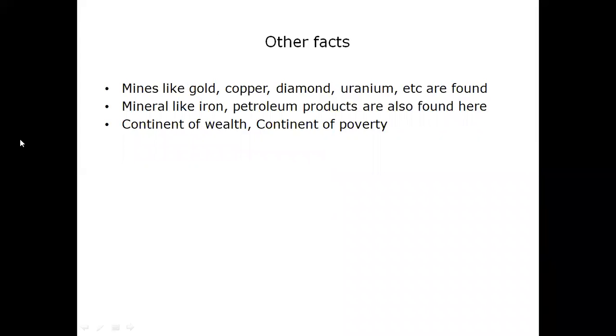Now, another fact that will, I guess, surprise you is that Africa holds around 30% of the world's known mineral reserves. And so valuable mines like gold, copper, diamond, uranium are found here, and minerals like iron and petroleum products are also found here. But students, despite having this vast potential for wealth, Africa is still so poor.